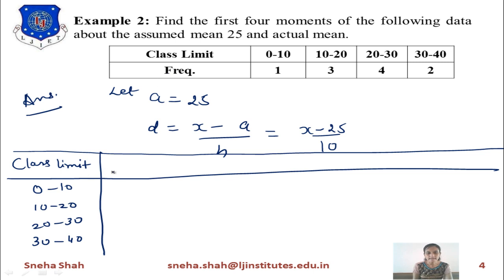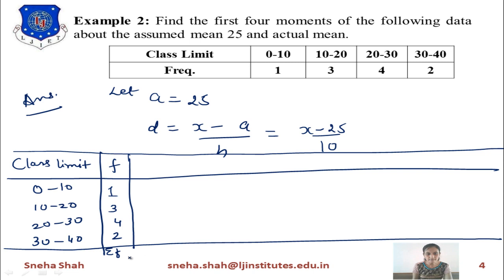First of all I will write down the frequency: 1, 3, 4 and 2. Next, if I add all these terms, it gives the summation of f, and the value of it equals 4 plus 2, 6 plus 3, 9 plus 1, means 10.